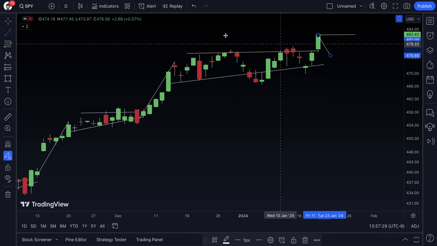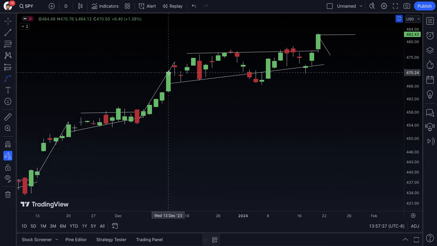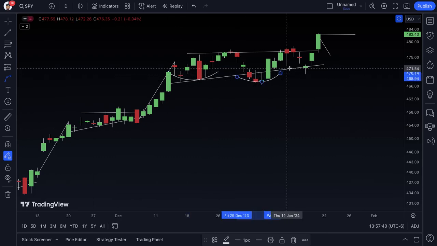What I also like about SPY that I did not mention is that we have this structure here. Let me grab my tools. We have this potential inverted head and shoulder, which would add duality to this structure. So now we have two patterns instead of one to suggest that we're bullish.